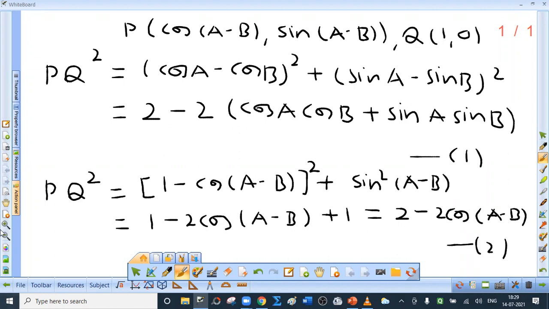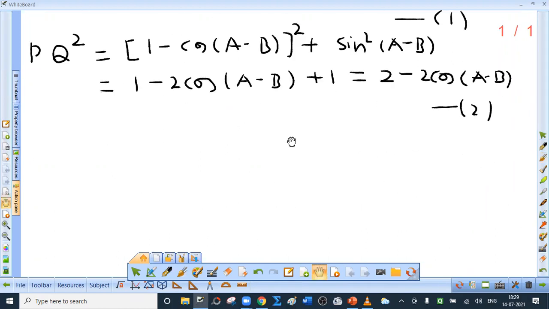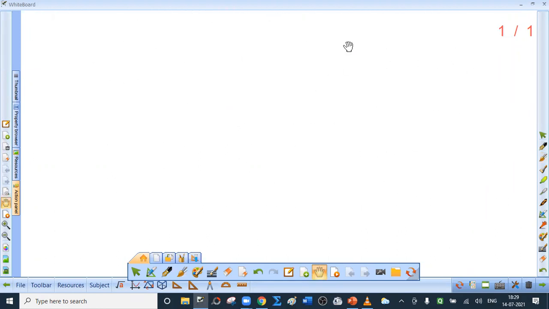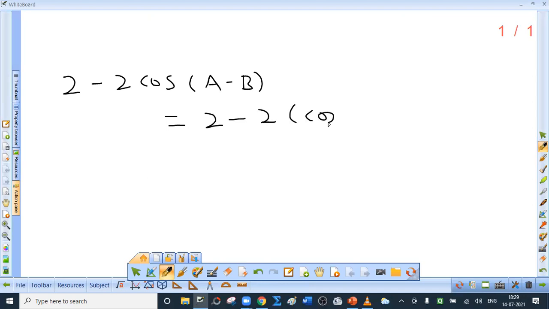The first result is with you. PQ square is this. This is also PQ square. As left hand sides are equal, we can equate right hand sides. And I can therefore say that 2 minus 2 cos of A minus B equals 2 minus 2 in bracket cos A cos B plus sin A sin B. Now simplify this.